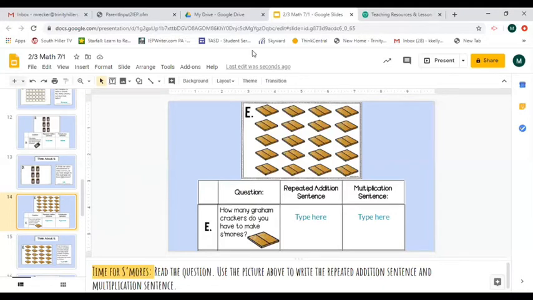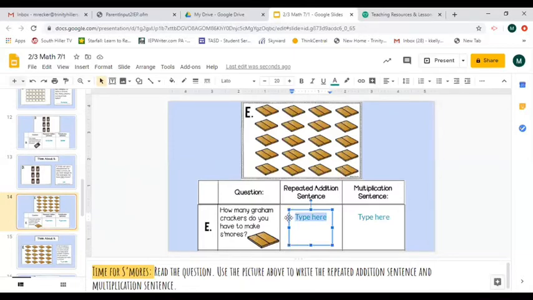Okay, so we have 1, 2, 3, 4 in that row. 1, 2, 3, 4. 1, 2, 3, 4. 1, 2, 3, 4. 1, 2, 3, and 4. So my repeated addition will be 4 plus 4 plus 4 plus 4 plus 4 equals 20.